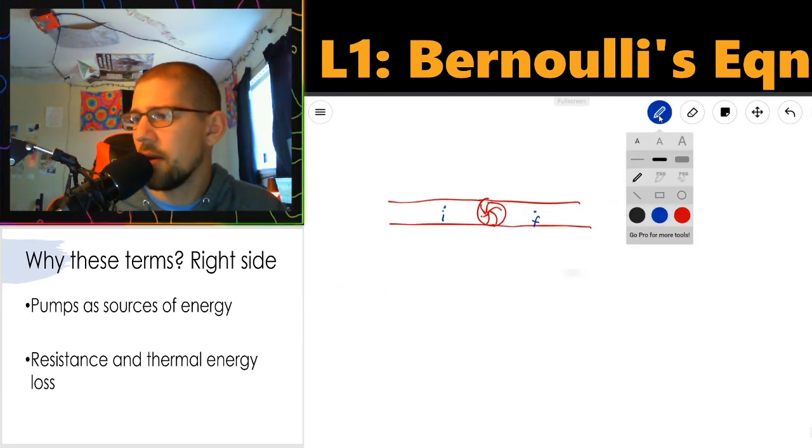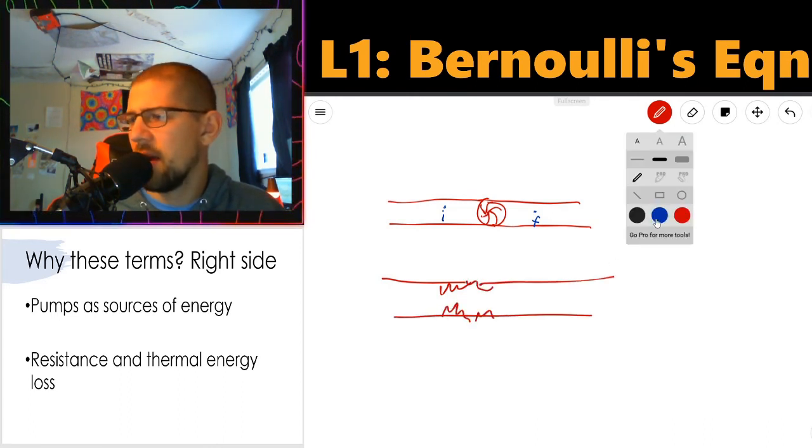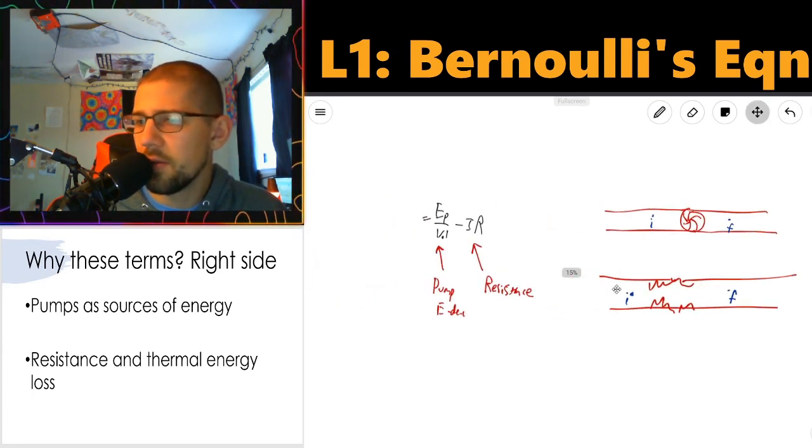Similarly, if I'm considering the difference between two regions that have a rough pipe, or a region that's known to be resistive in between them, here's some pipe roughness here. And again, if I'm considering an initial point and a final point that include the pump or the resistive area between them, that's another time when I would include this term.